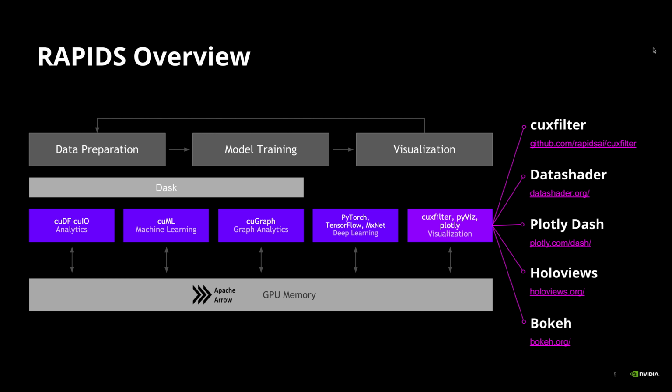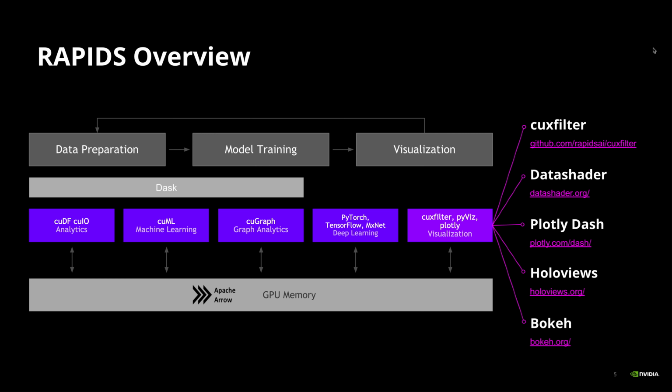As you can see through this overview, you could use each one of these libraries individually or collectively to go through your generic data science workflow, data prep, model training, visualization, and it all sits on GPU memory and GPU acceleration.